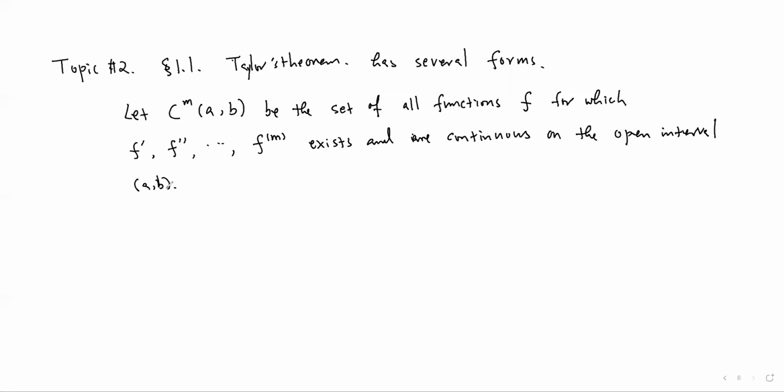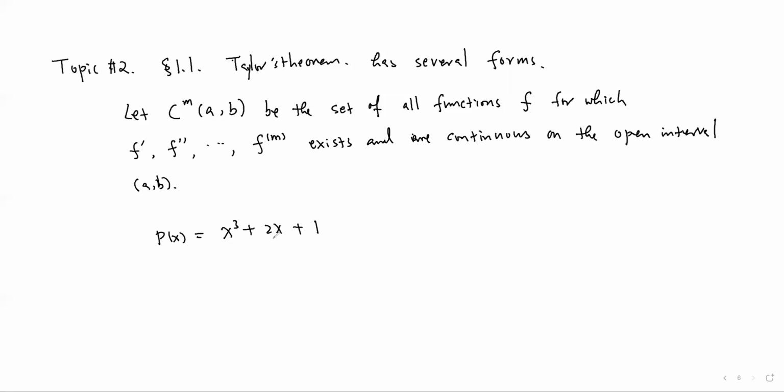Any examples? Say, for example, a polynomial, such as x cubed plus 2x plus 1. This function has derivatives of any order, and after you take a derivative, it is still a polynomial, still continuous.